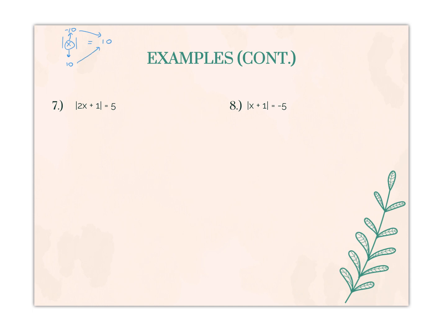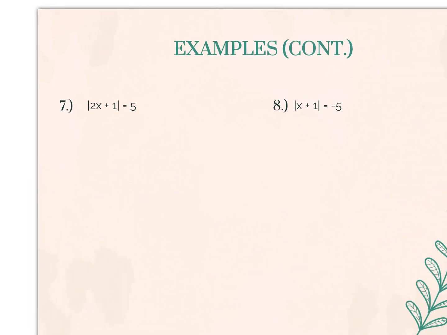So when we're solving absolute value equations, we have to consider always that once it's isolated, once all you have on the side is the absolute value, whatever is in here can equal the positive or negative value of what's out there. In other words, we know that 2x plus 1 can either equal negative 5, because the absolute value of negative 5 is 5, or it can also equal positive 5, because the absolute value of positive 5 is 5 as well.